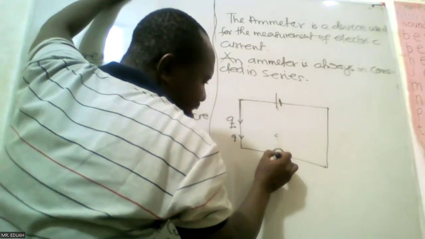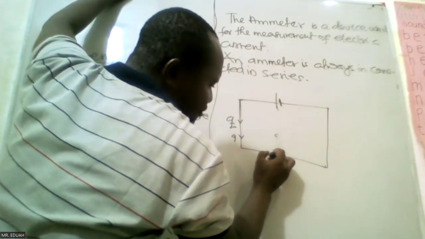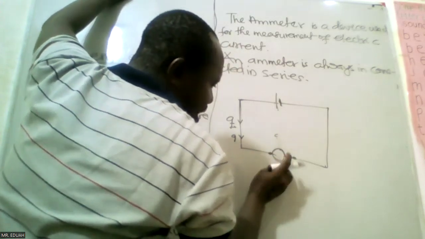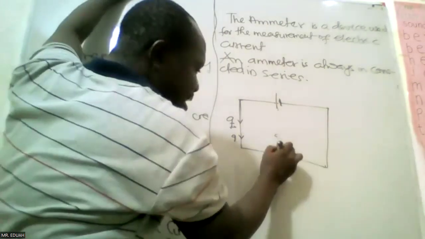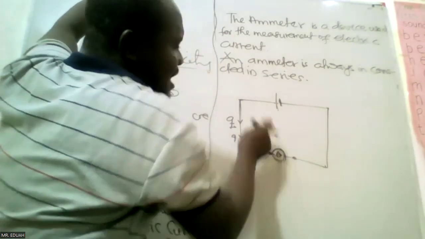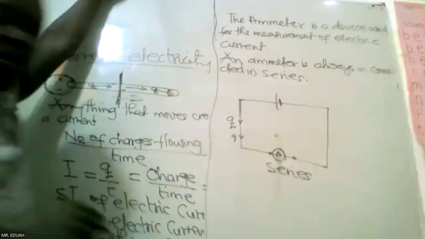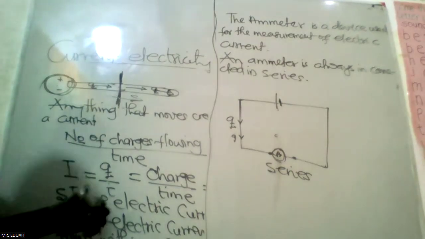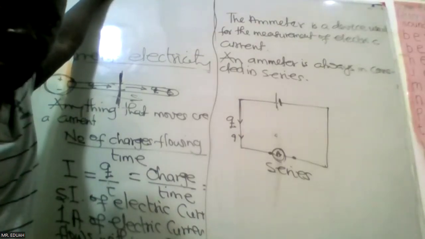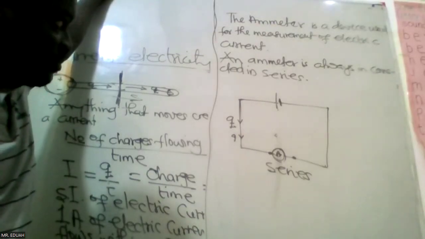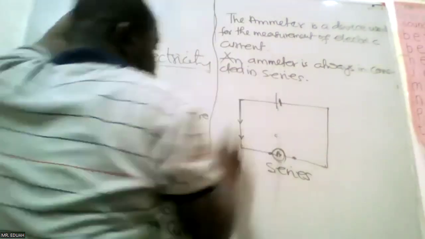When the instrument is here, it will be able to detect the charges crossing from here to this point. When you break the circuit and put in the device, you have connected the device in series. So ammeters must always be connected in series within a circuit. Kay and Debbie, are you fine? Yes, sir.